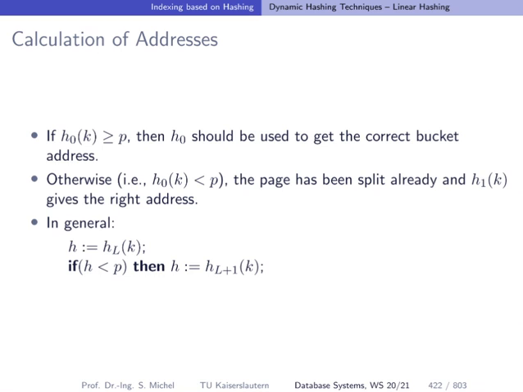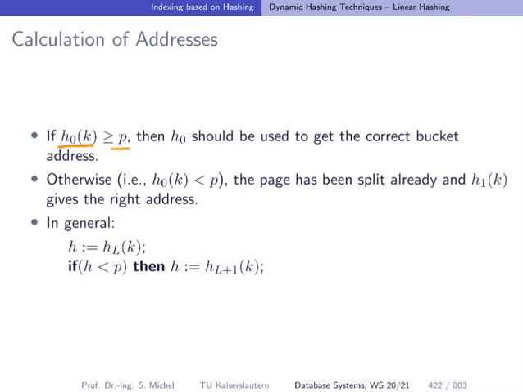How this works I have already illustrated. So first of all you're applying h0 in this case to see if this element k is falling into a bucket which was already split or not. So this is determined by comparing the hash function output, h0 of k, to the pointer that points to the bucket ID that needs to be split next.